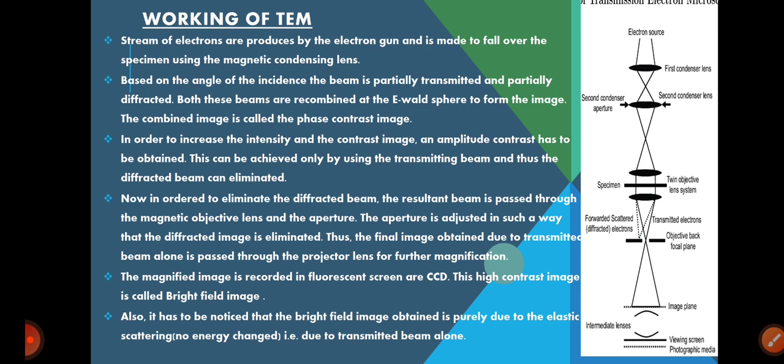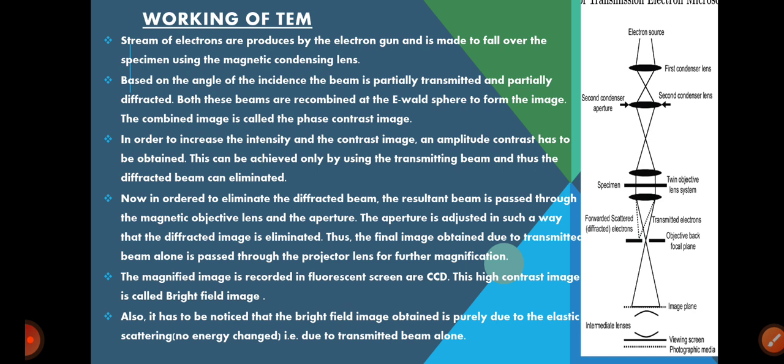Both these beams are recombined to form the image, called the phase contrast image. In order to increase the intensity and contrast of the image, an amplitude contrast has to be obtained. This can be achieved only by using the transmitted beam, and thus the diffracted beam has to be eliminated.